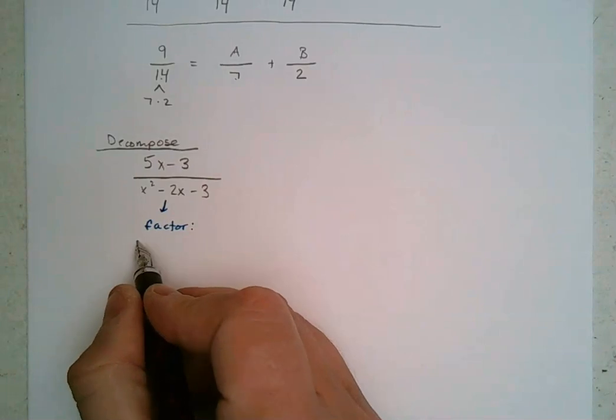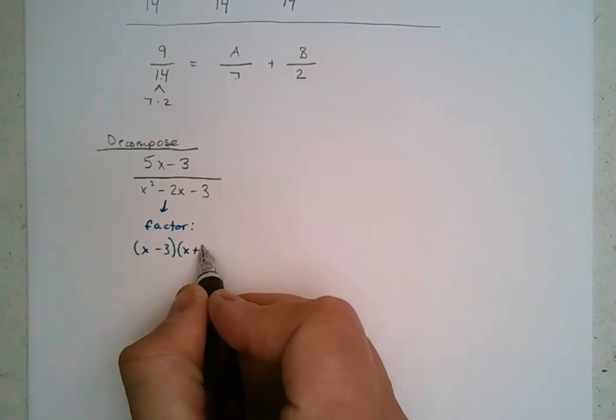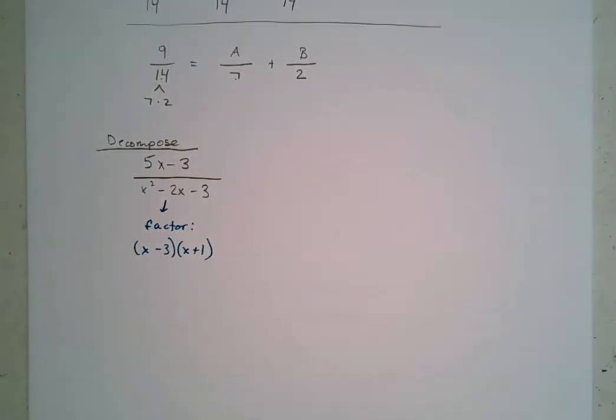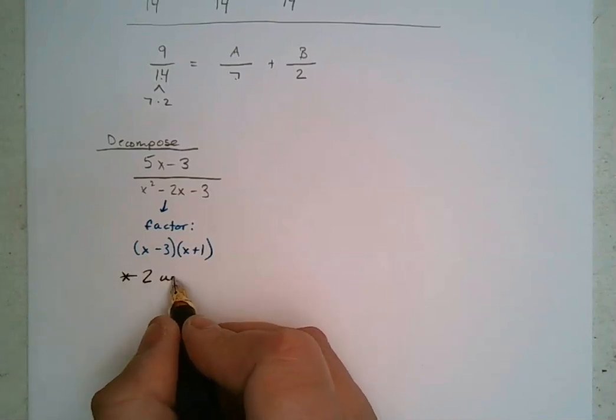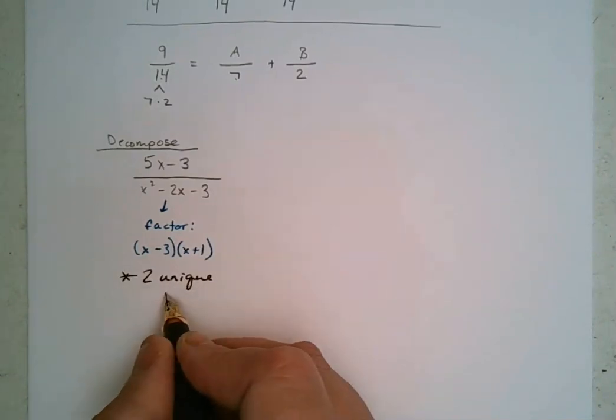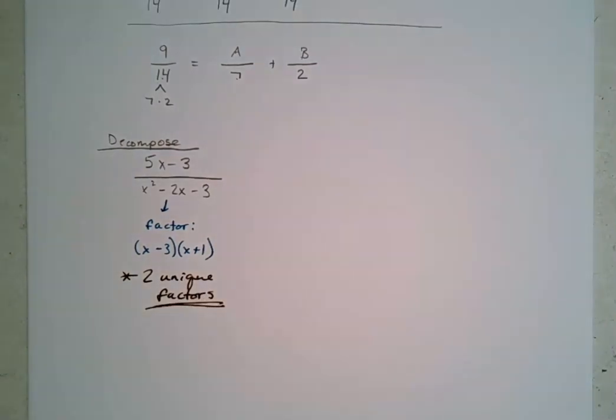And this factors to x minus 3 and x plus 1. Now what I need you to note is that these are two unique factors. Okay, that's important because that's going to be a different setup than if we have two non-unique factors.